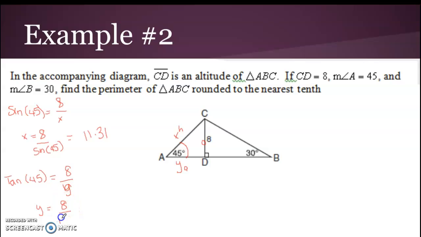So 8 divided by tangent of 45. Again, make sure it's in degree mode. This works out to be 8. So this piece right here is 11.31. This small piece here is 8.